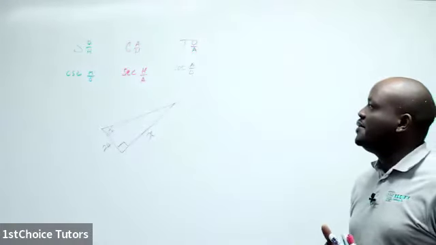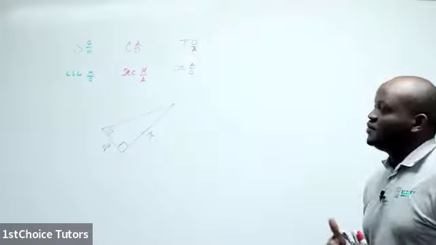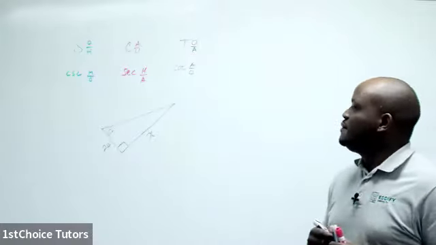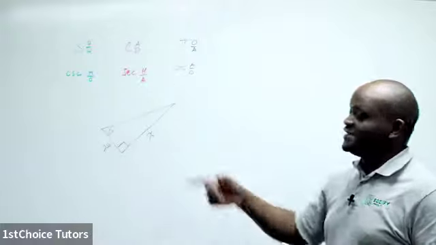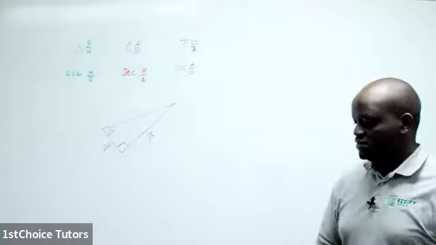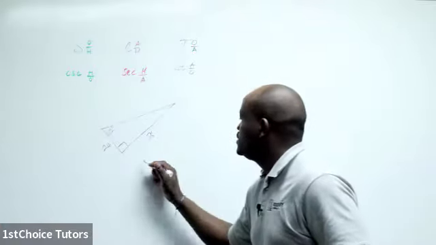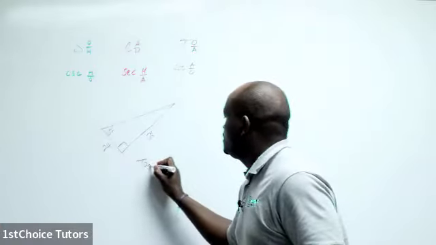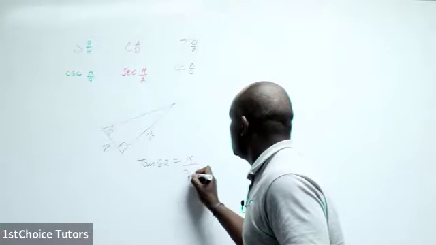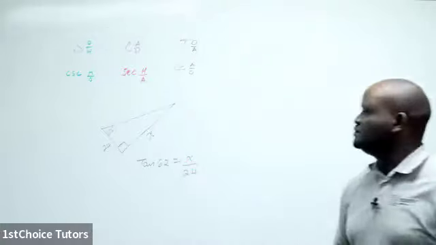Very good. It takes time. You get better over time, of course, it's practice. So X over 24, but you have to set it up right. Tangent 62 equals X over 24, opposite over adjacent. Times 24 over 1.